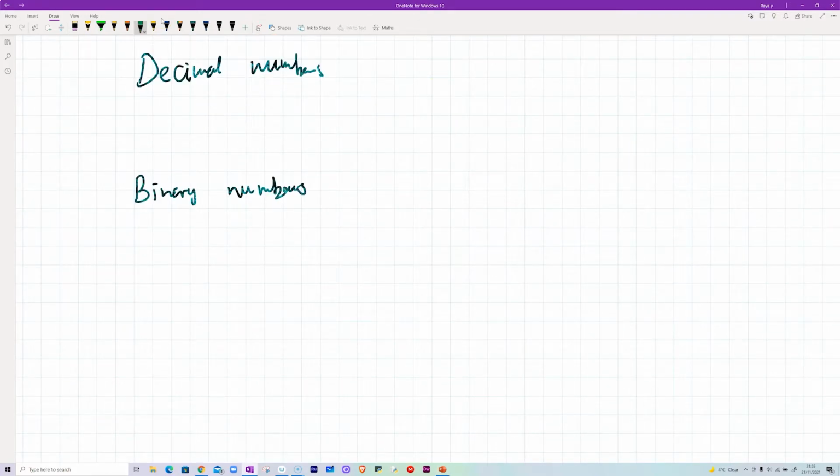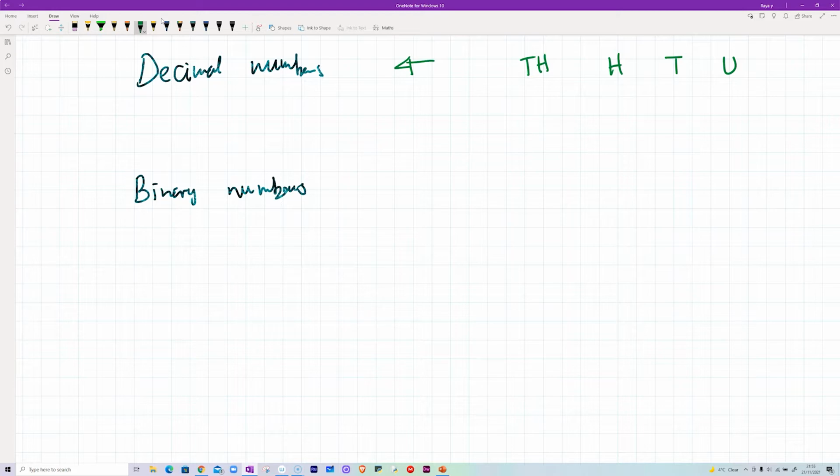Right, so how do we compare the two types of number, decimal numbers and binary numbers? Now, if you remember from primary, you had units, tens, hundreds, thousands, and 10,000, and so on. You get the point.